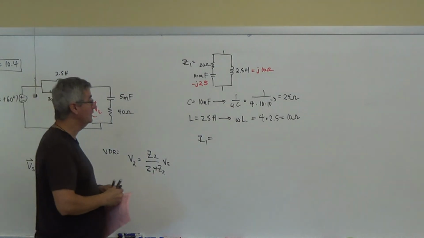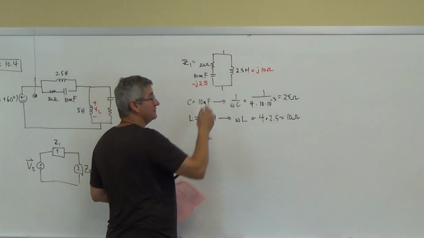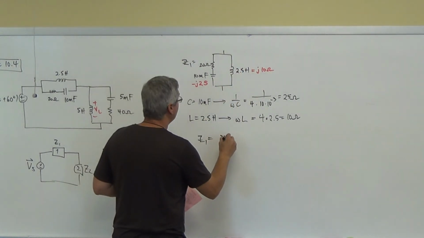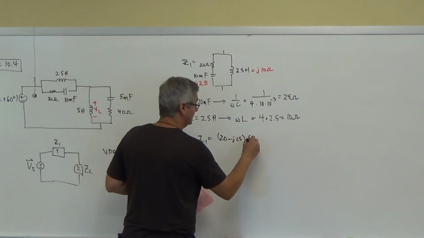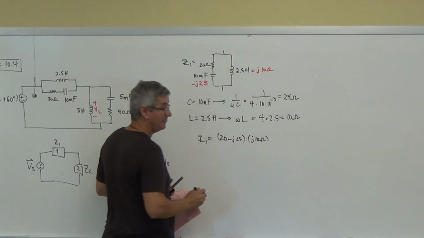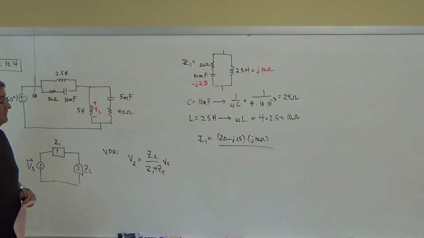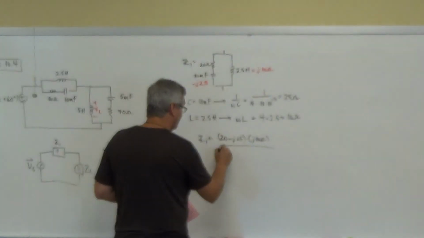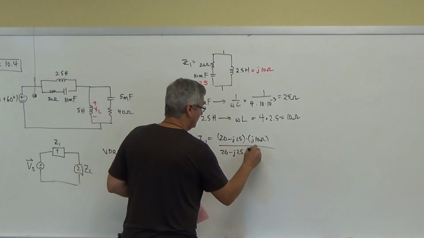So these guys are in parallel, so it's got to be this times that. So it's 20 minus J25 times J10, divided by the sum of these two, 20 minus J25 plus J10.